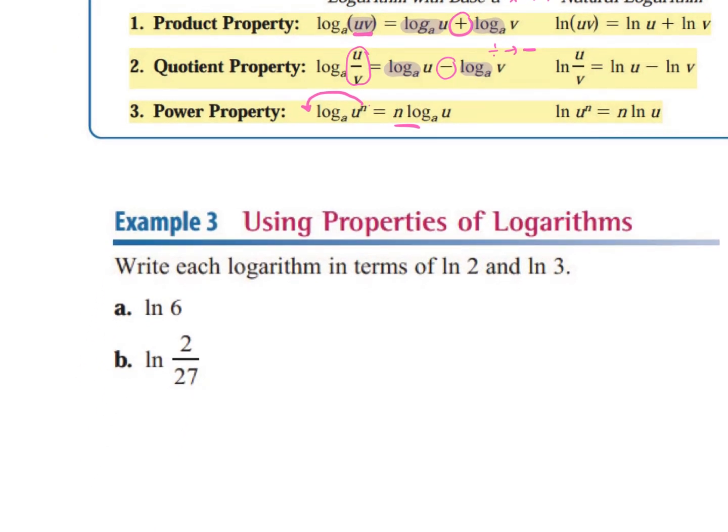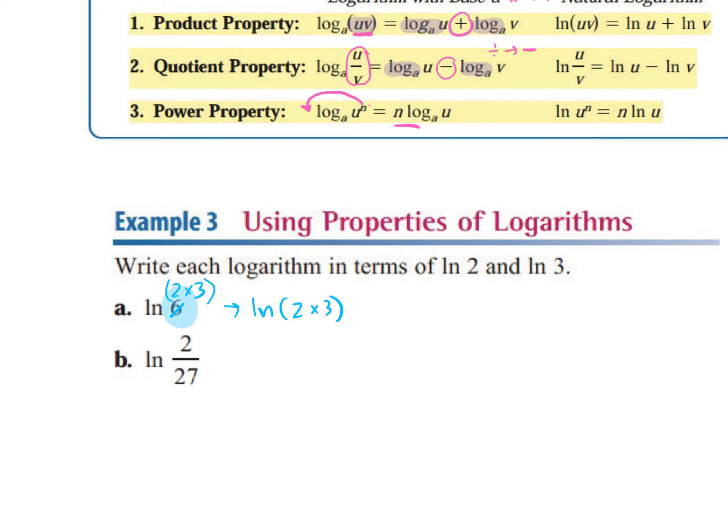So example 3. It says write each logarithm in terms of ln of 2 and ln of 3. So we want to think, how can I make 6 in terms of 2 and 3? Well, 6 would be 2 times 3. So this is now the ln of 2 times 3. I didn't change the value, I just changed the way that it looks.